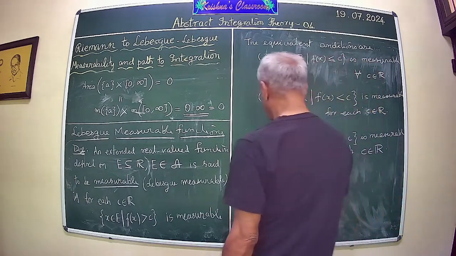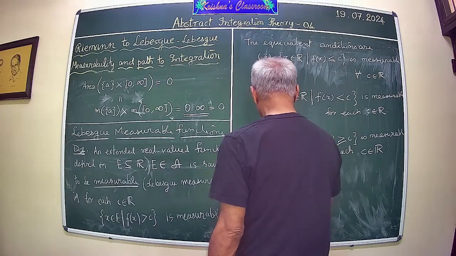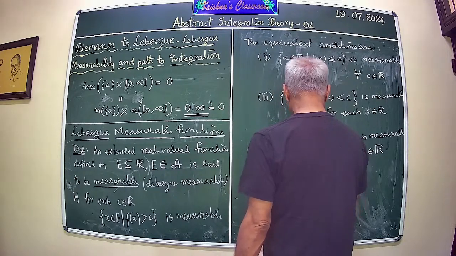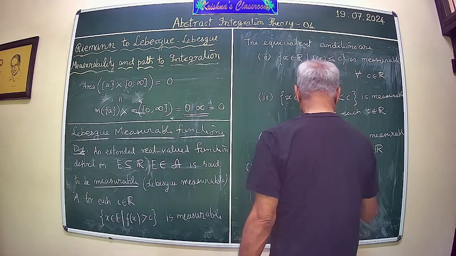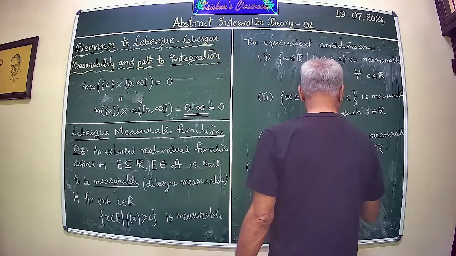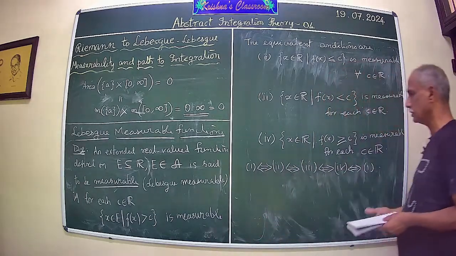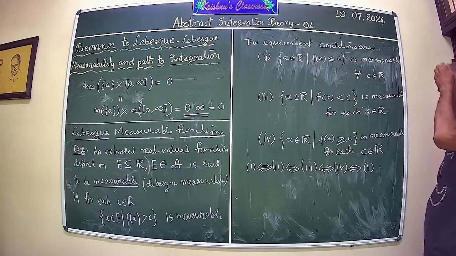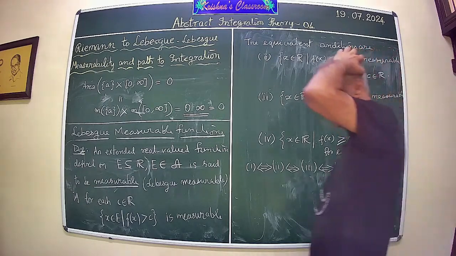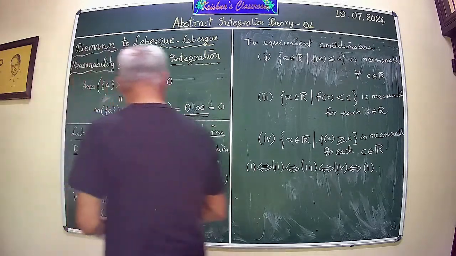That means 1 if and only if 2 if and only if 3 if and only if 4. So they are all equivalent conditions. What do we mean by a set being measurable? A set is measurable means that the set belongs to the sigma algebra.